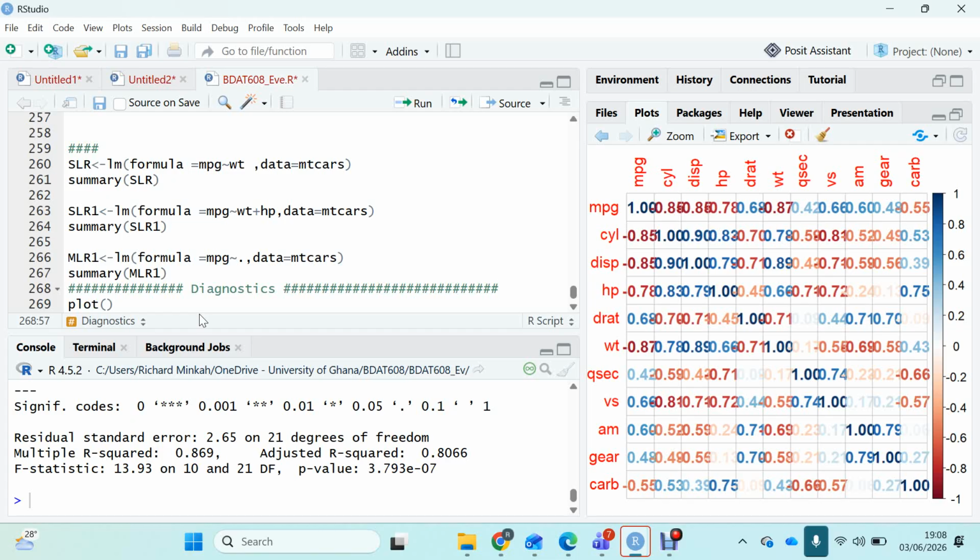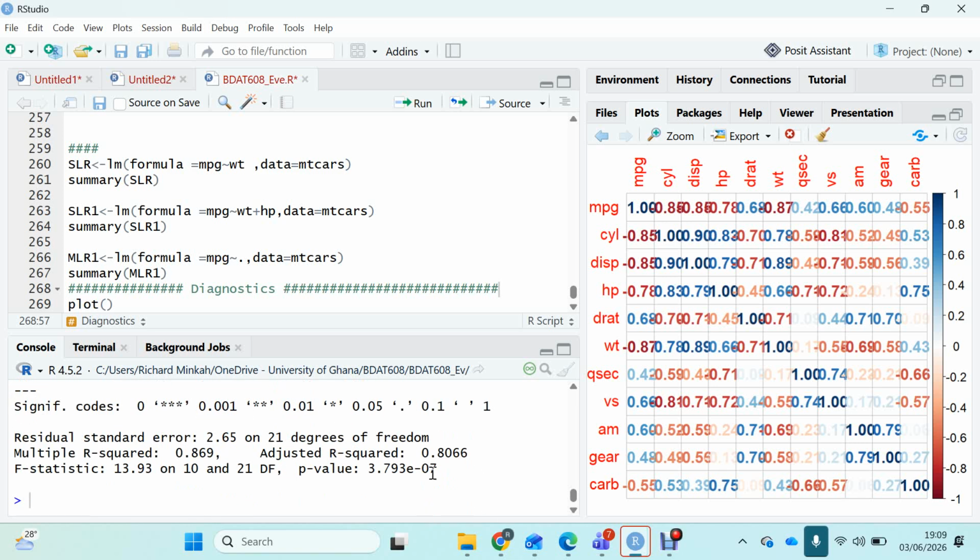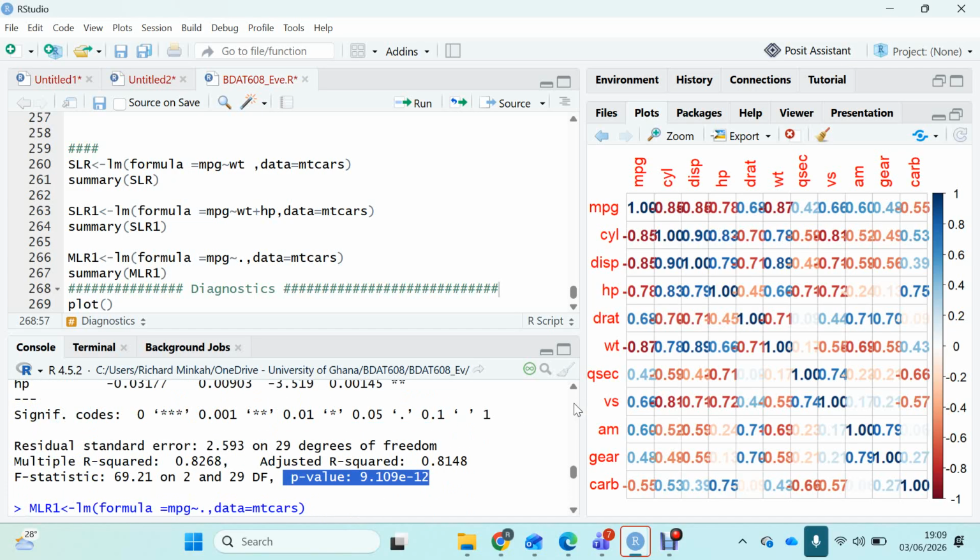In the simple linear regression, it's almost the same as testing whether the weight is significant. But here we can test the individual ones, and then we can test all of them put together.